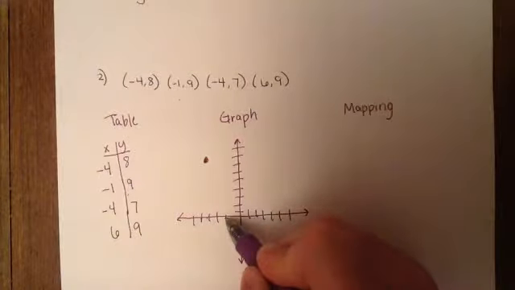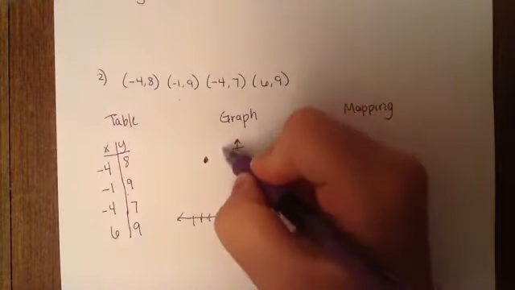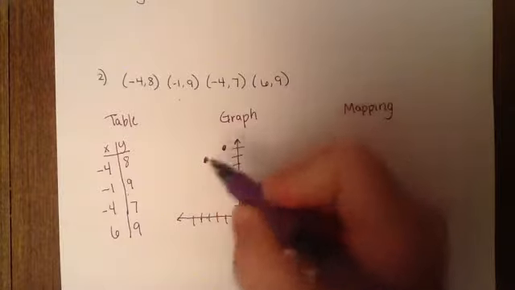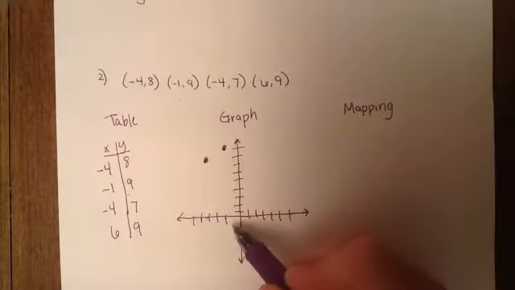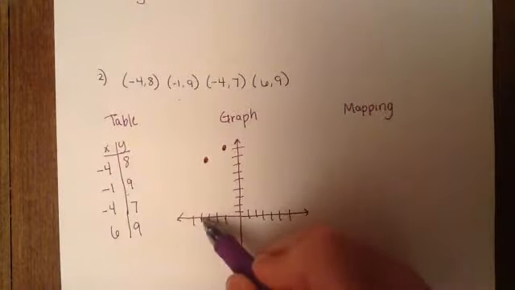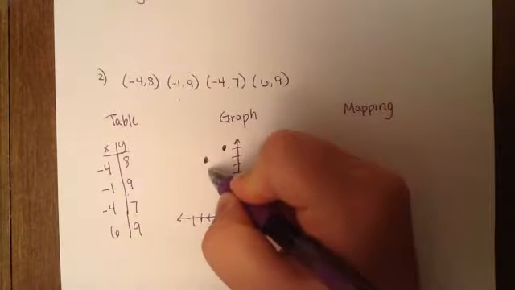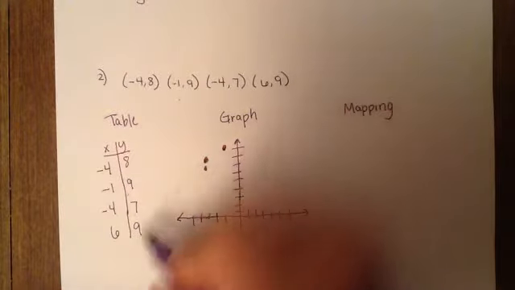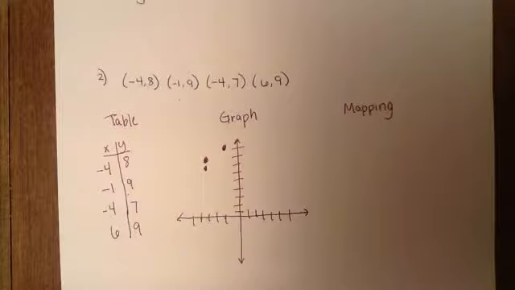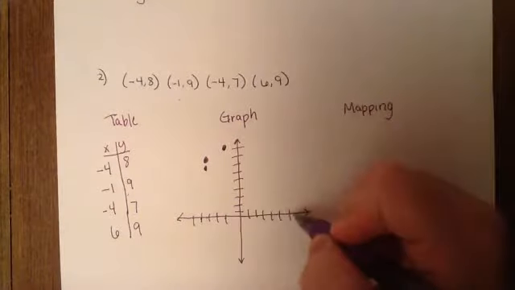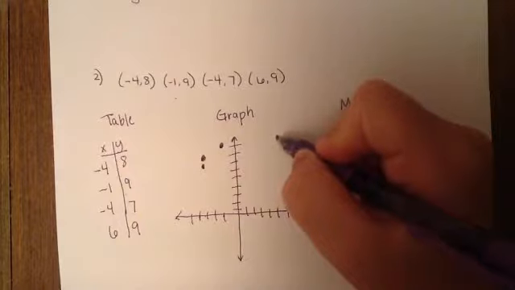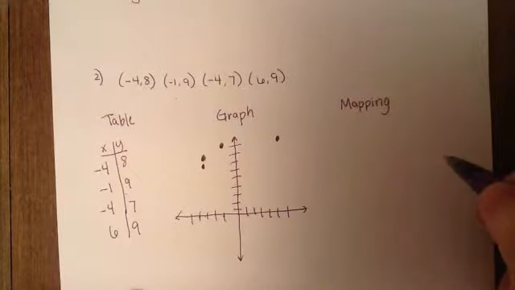To the left 1 and up 9. The next one, -4, 7. And how do you graph the last one? 6, and then where? Up to 9. There's the graph of those points.